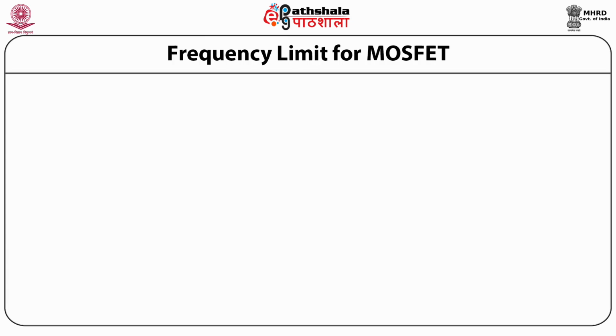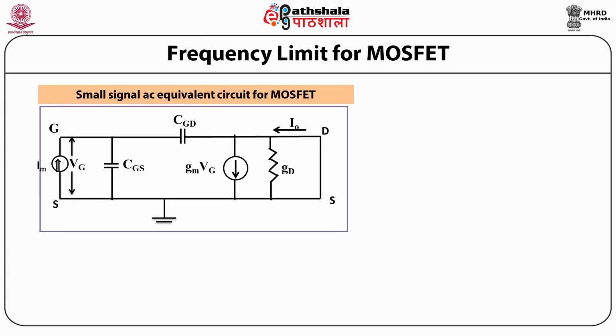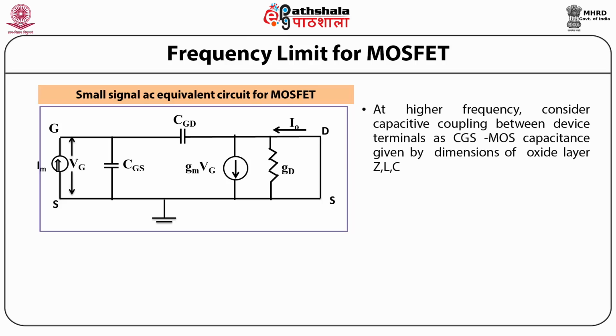Frequency limit for MOSFET. This circuit shows the small signal AC equivalent circuit for MOSFET. At higher frequency, consider a capacitive coupling between the device terminals, where CGS is the MOS capacitance given by the dimensions of the oxide layer ZL C, where C is equal to C0 Cj divided by C0 plus Cj, and CGS equals C0 ZL.